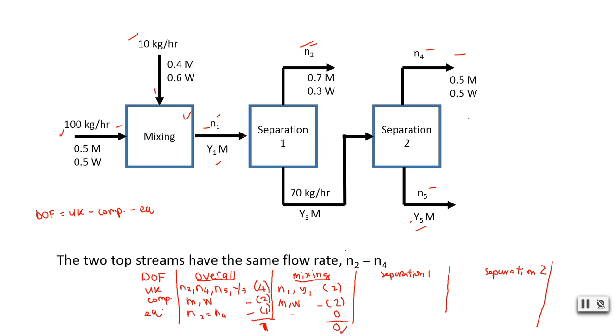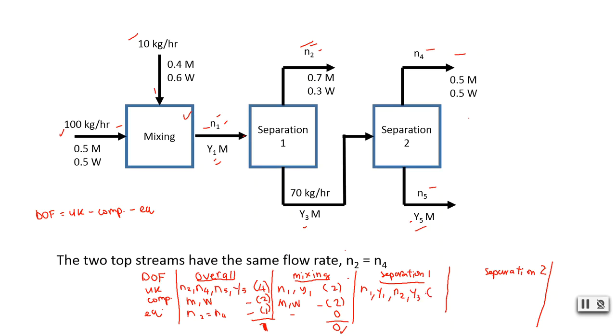Okay, let's go to the separation one. How many unknowns? We have N1, we have Y1, we have N2 here, and also we have Y3.